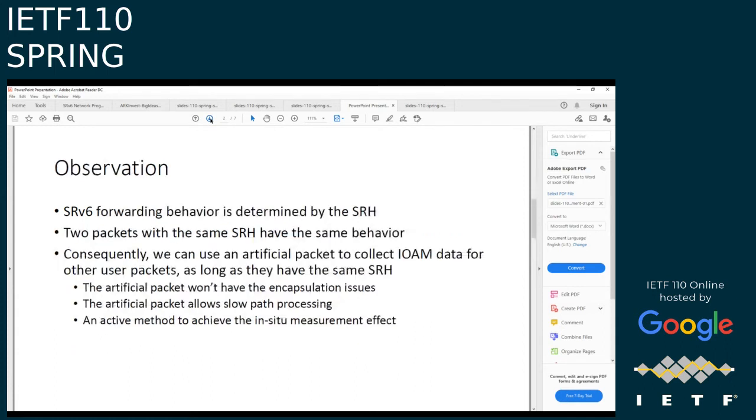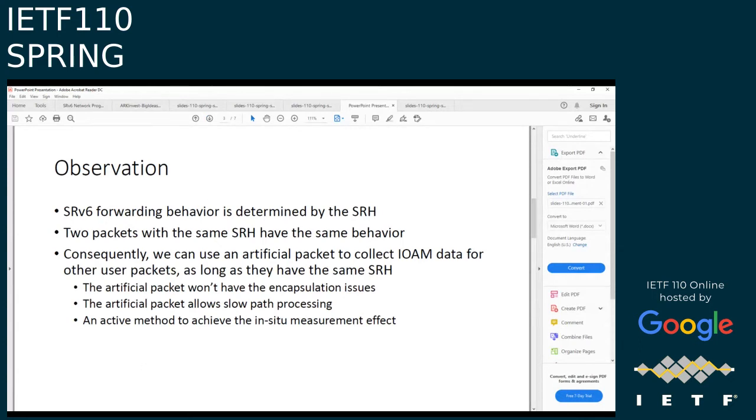Next slide. Here we have the observation that for SRv6, the forwarding behavior is determined solely by the SRH. As long as two packets have the same SRH, they will have the same forwarding behavior. Consequently, we can build an artificial packet to collect IOAM data for other user packets, as long as they share the same SRH.